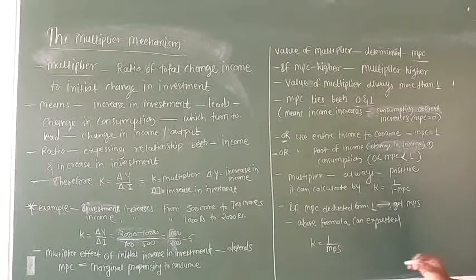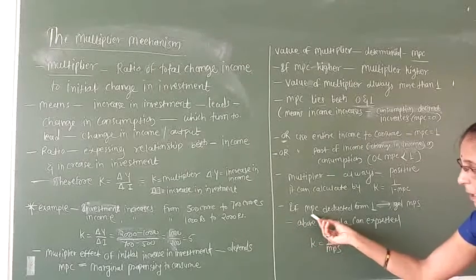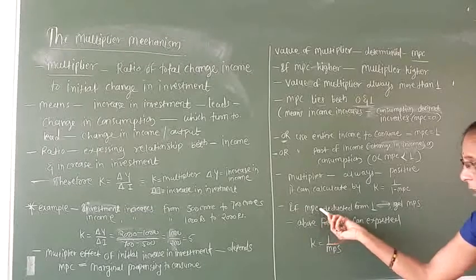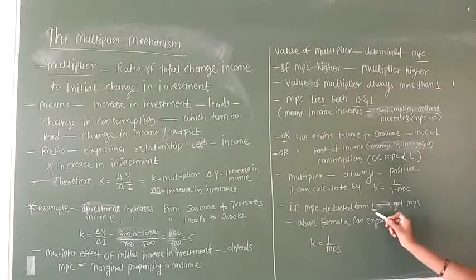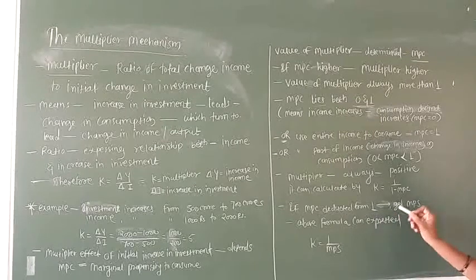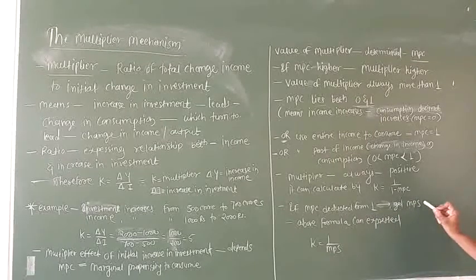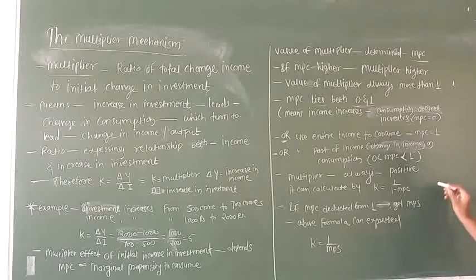And if the MPC is deducted from 1, then we will get the marginal propensity to save.